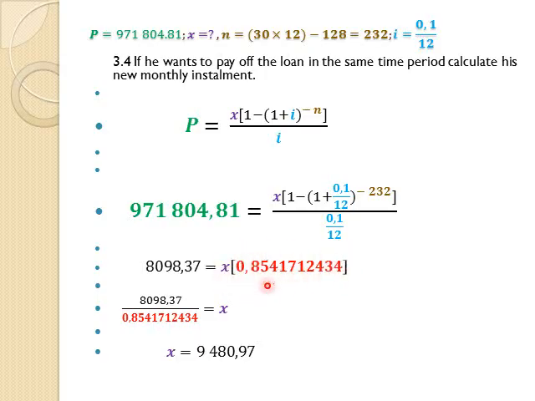Very important, I don't round off beforehand. You can write it up to there and just put dot dot, but on your calculator keep the values. Right? So that divided by this gives me 9,480 rand 97 cents to ensure I still pay off the loan in 30 years. It's basic present value annuity.